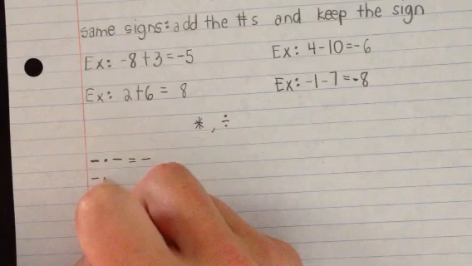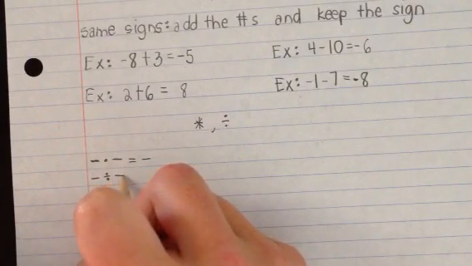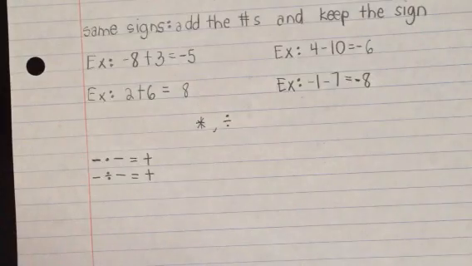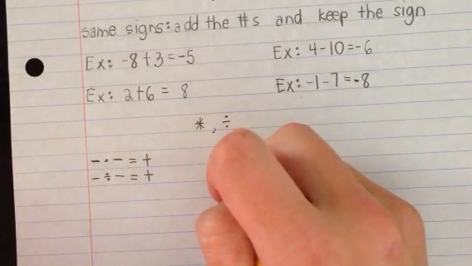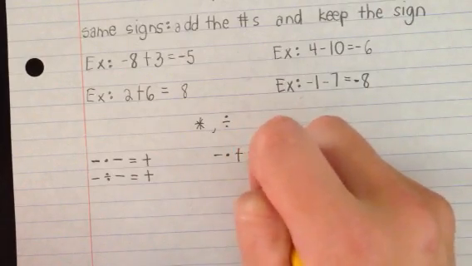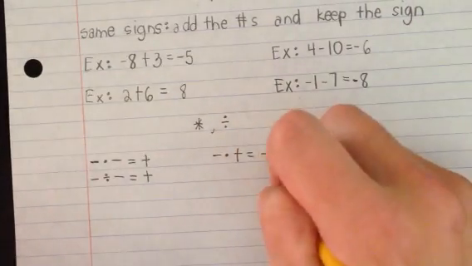Similarly, if you have a negative divided by a negative, your answer is going to be positive for both. Sorry, mess up there. All right, and if you have negative times a positive, that's going to be a negative.